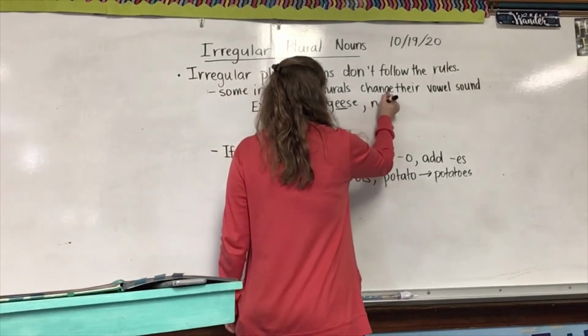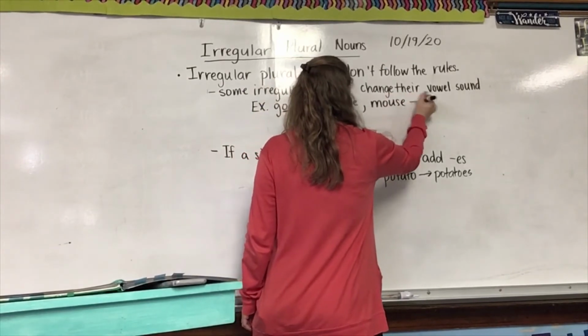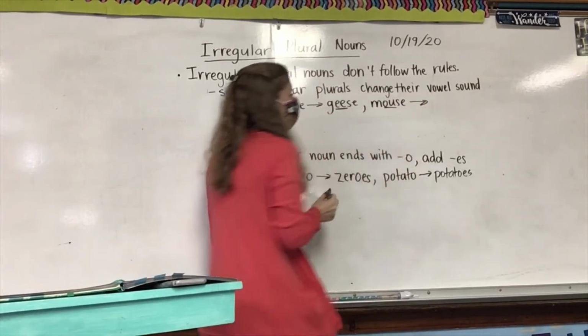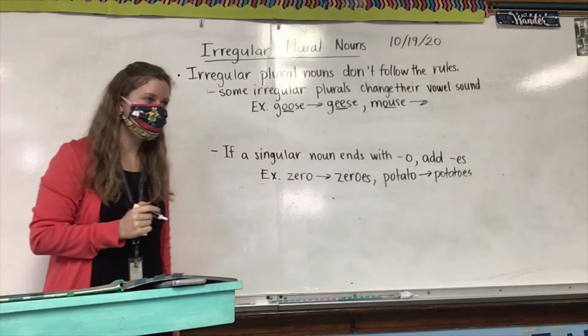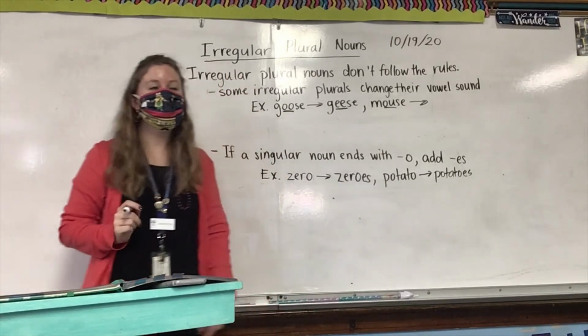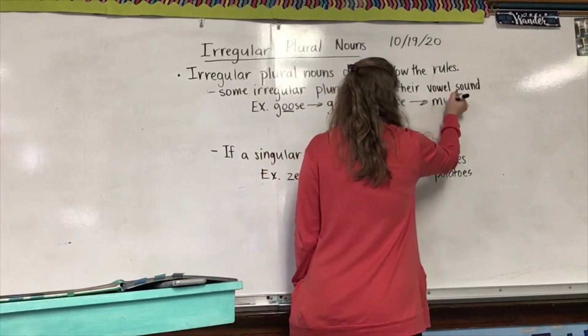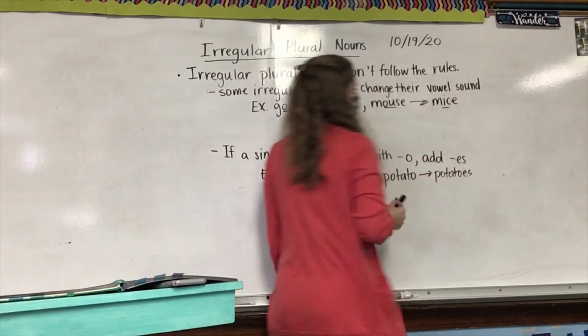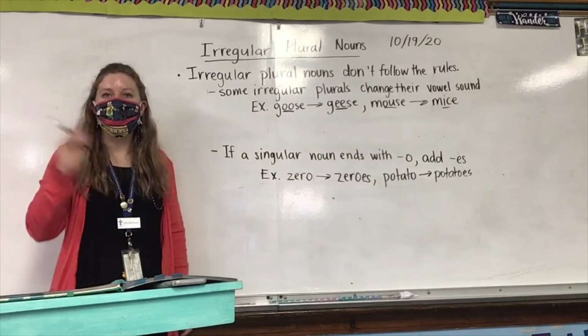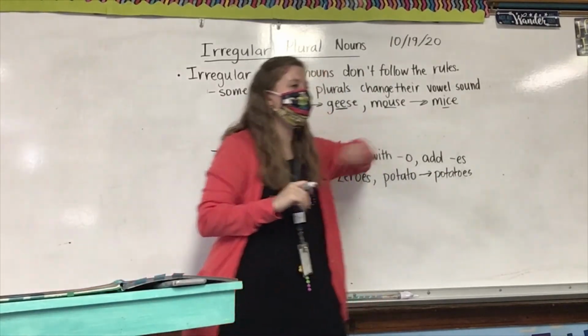Another example, mouse, M-O-U-S-E, has that O-U that makes the ow sound. We don't say two mouses, we say two mice. So that O-U, ow, becomes long I.